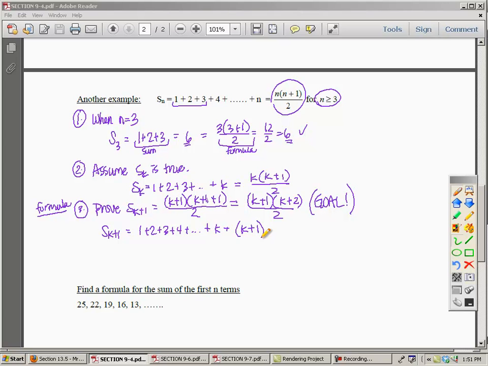Okay, now, all the way up to k is what we have above. And we said that was equal to k times k plus 1 all over 2. Now I have to add in a k plus 1. So this is the sum of k, and then I add the k plus 1 term to it.